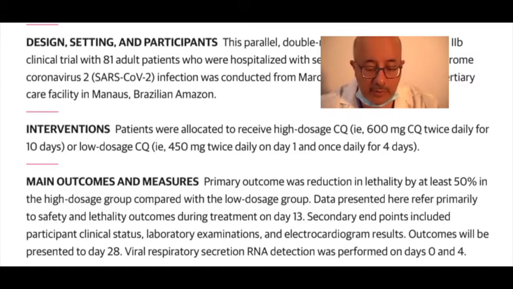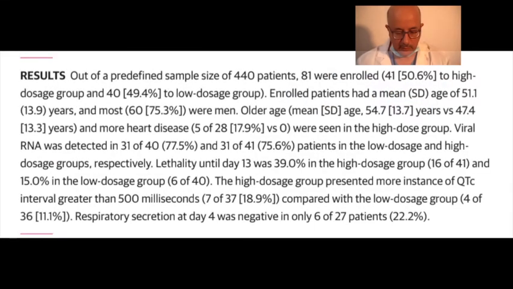The secondary endpoint was to examine patients' clinical status, laboratory examination, and electrocardiogram results. Out of the planned 440 patients that should be randomized, only 81 were allocated, half of them to the high dose chloroquine and the other half to the standard dose.